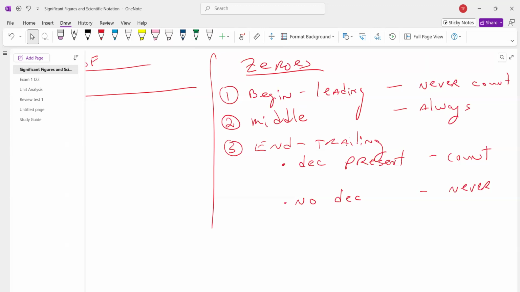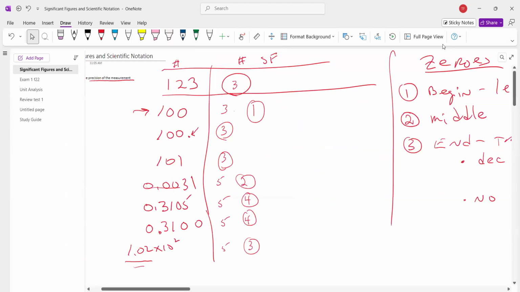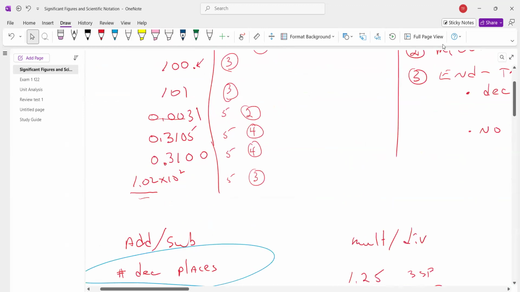Now, notice I put 0 point, 0 point, 0 point. Always do that if the number is less than 1. The reason for that is sort of a medical reason.